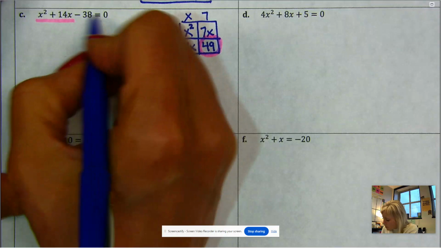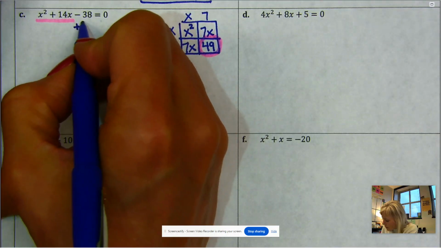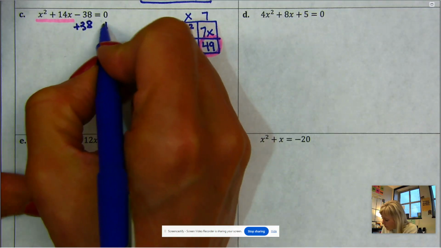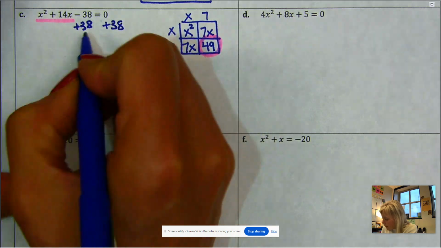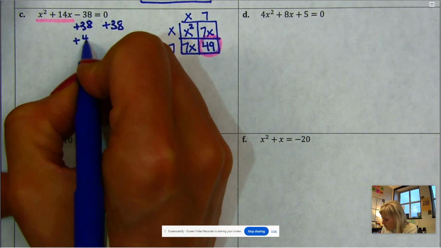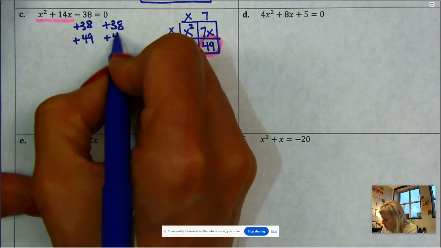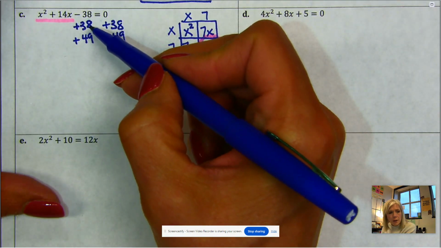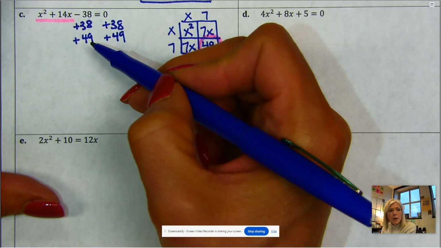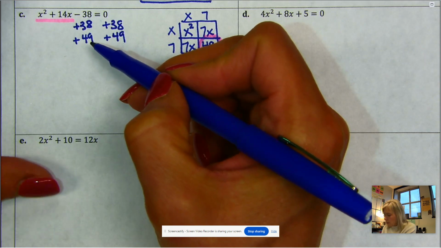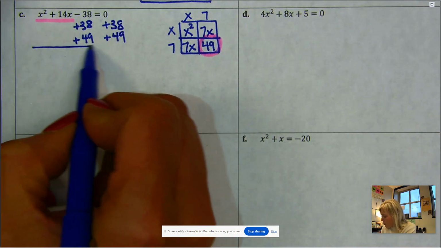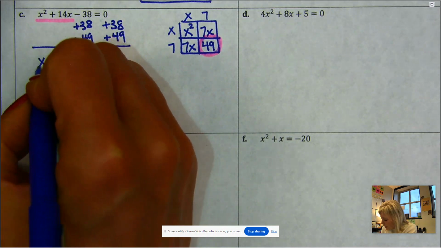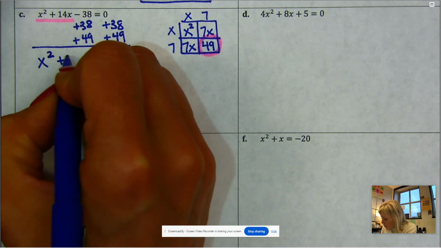So what I'm going to do is add the 38 to both sides, and then also add the 49 to both sides. Because here, negative 38 plus 38 is 0, and 0 plus 49 is 49. So that'll get me a perfect square trinomial.